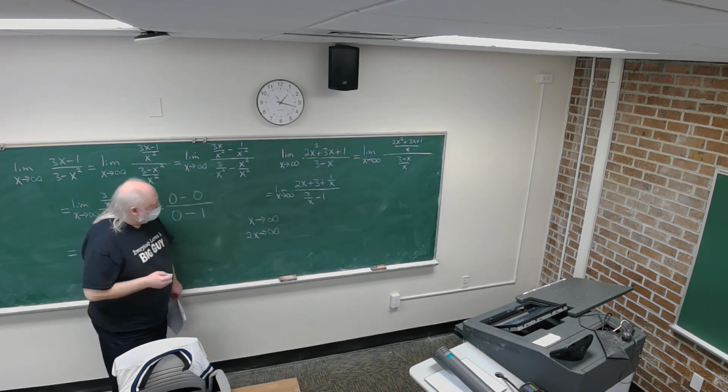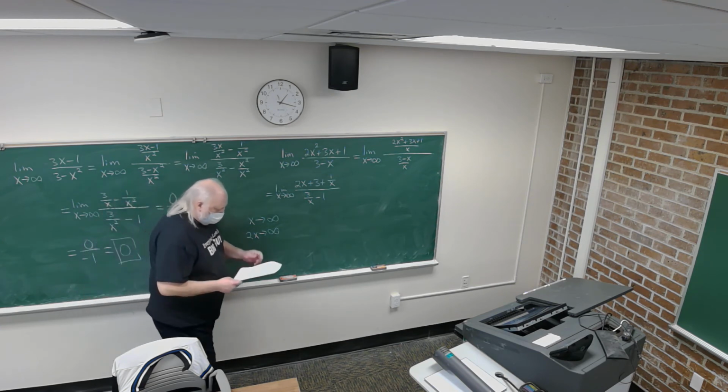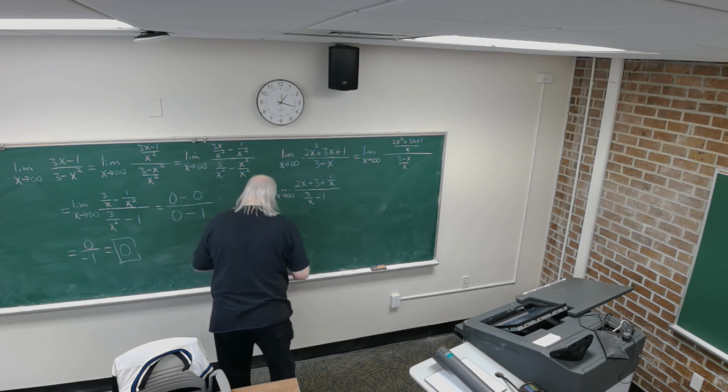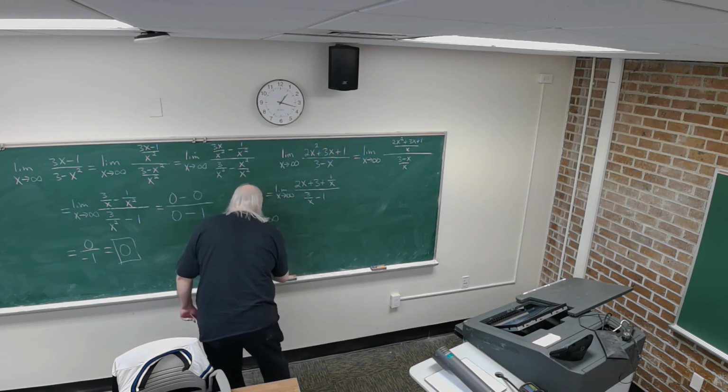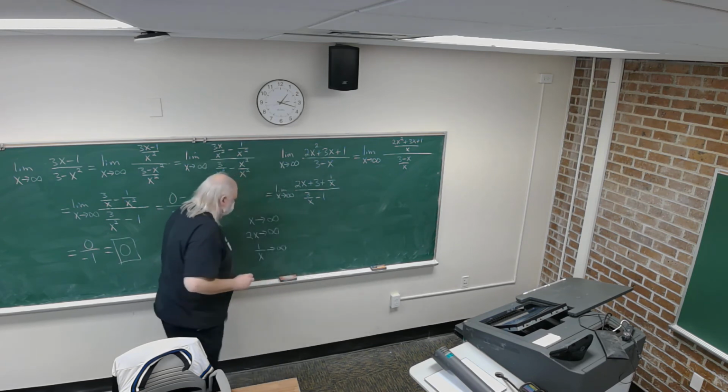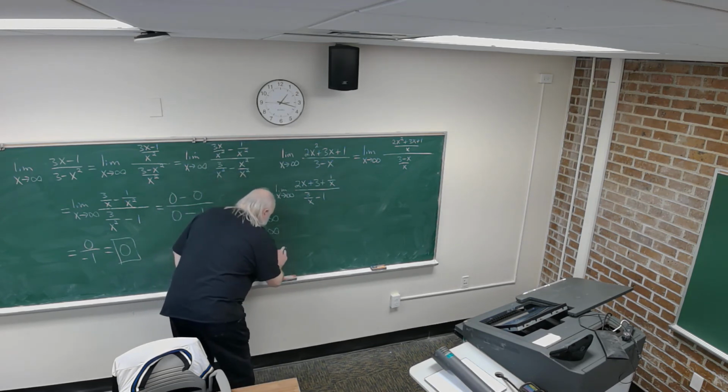Okay. And 1 over x, as x increases without bound, 1 over x by fact number 2 goes to 0.